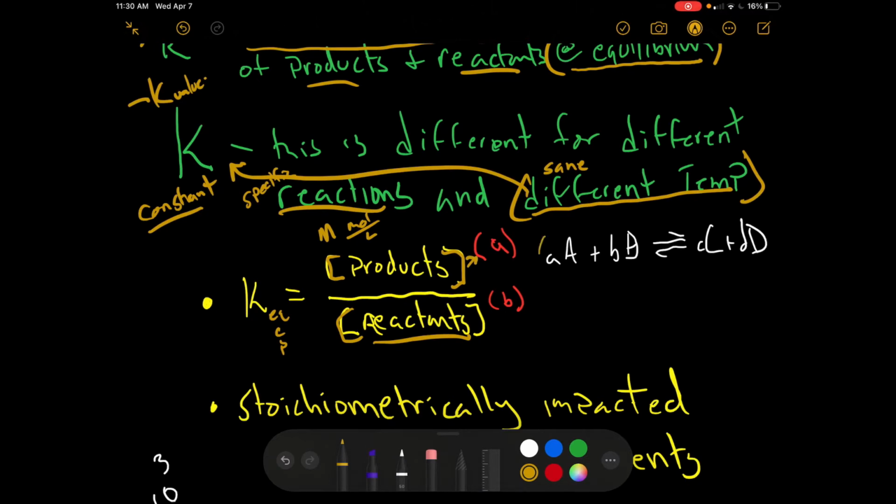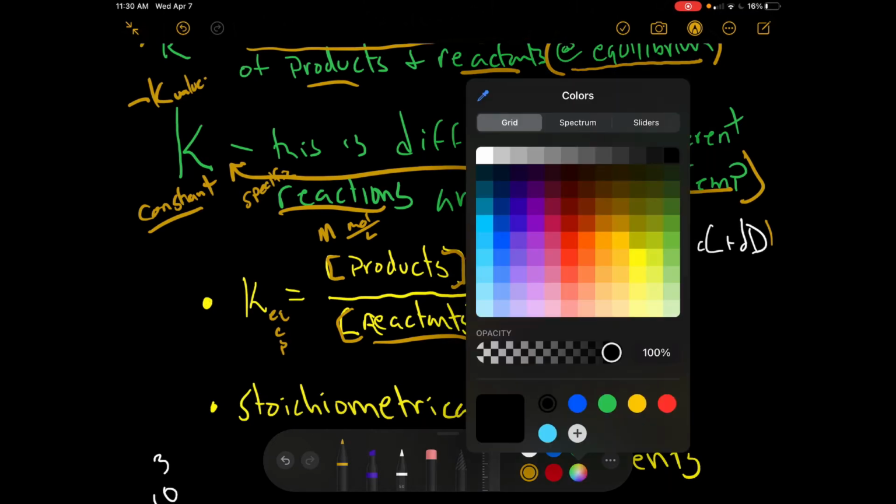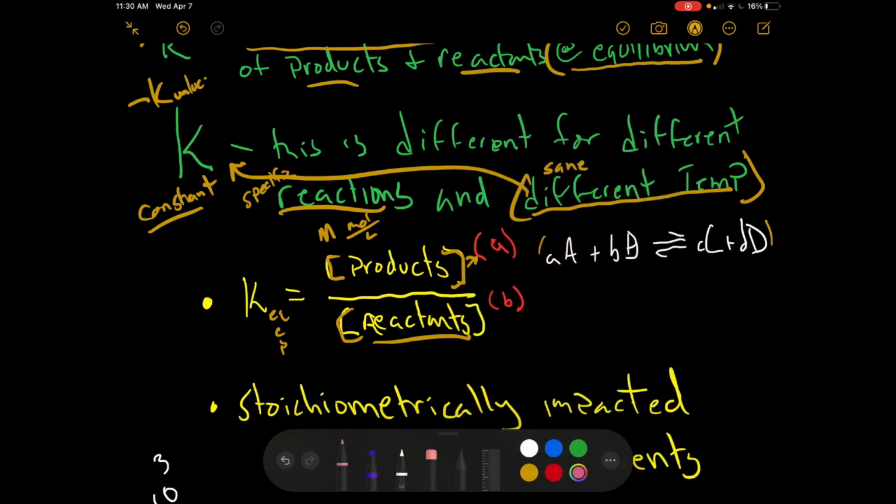So if we take this generic equation, let's write the Kc expression of this equation. So Kc equals, and we're going with the products, the concentration of C raised to the c, the concentration of D raised to the d, and then the concentration of A raised to the a, and B raised to the b. Some stoichiometric coefficient goes here.